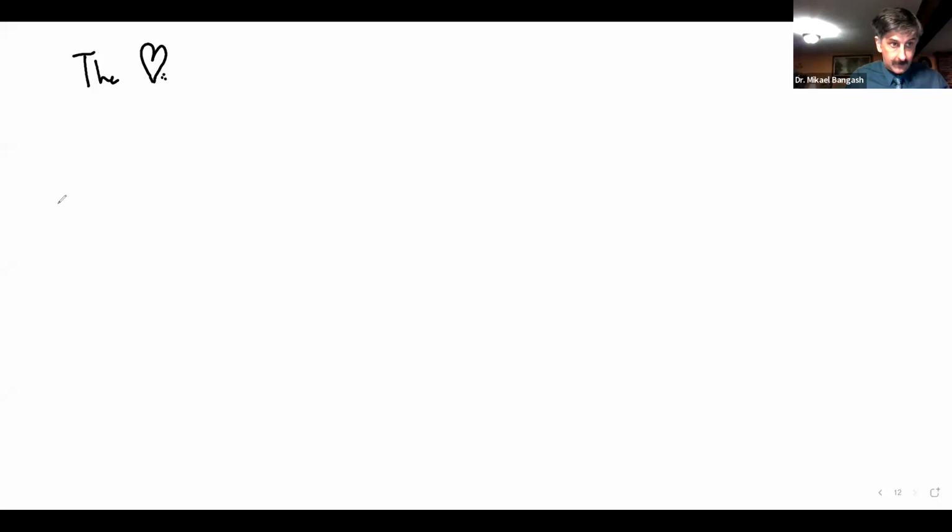So we mainly said that this heart here has 4 chambers and 4 valves. And we could divide the heart into 2 sides.